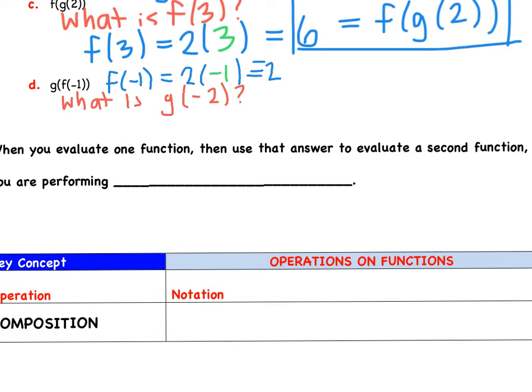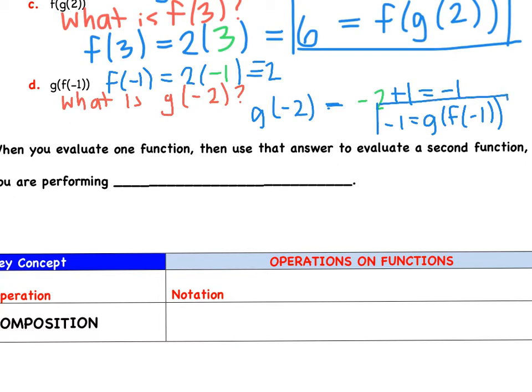Look at your equation for g of x. For g of negative 2, I'm substituting in negative 2 for x. So I get negative 2 plus 1, which is negative 1. Negative 1 is then equal to g of f of negative 1.